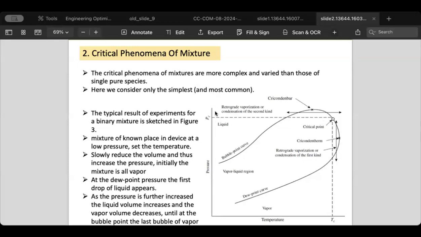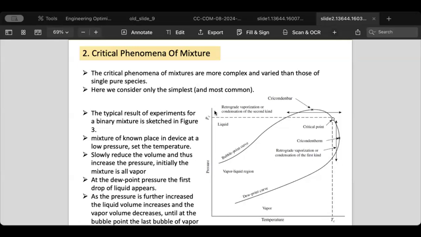The same happens if we start from here, from a mixture with pressure above the critical point. But what happens this time? This time we pass the bubble point twice.